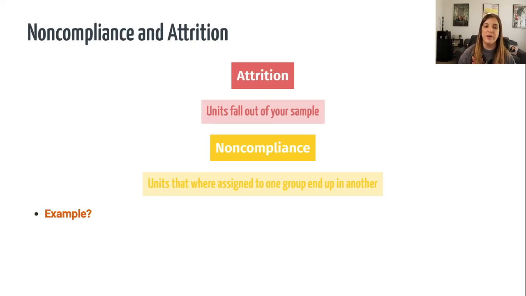All of that, the non-compliance, doesn't necessarily affect our internal validity. This is the same thing as we saw in the get out the vote example, where people were assigned to be contacted, but they were actually not able to contact them. That would be an example of non-compliance.